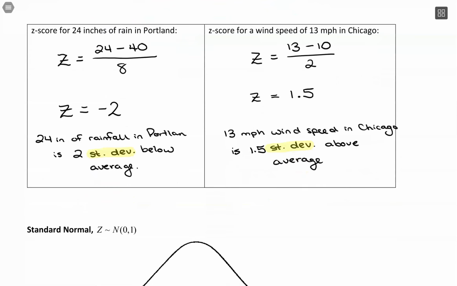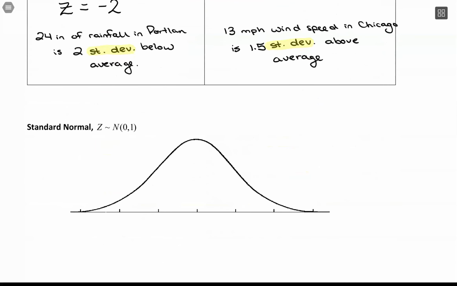So what we've done is we've standardized our data. Portland had this whole setup for rainfall that was normally distributed with a mean of 40 and standard deviation of 8, and Chicago had its own setup for a bell-shaped curve, normally distributed with a mean of 13 and standard deviation of 2.